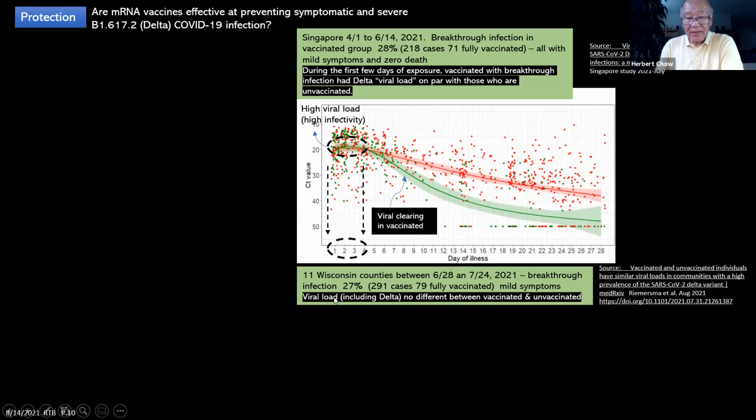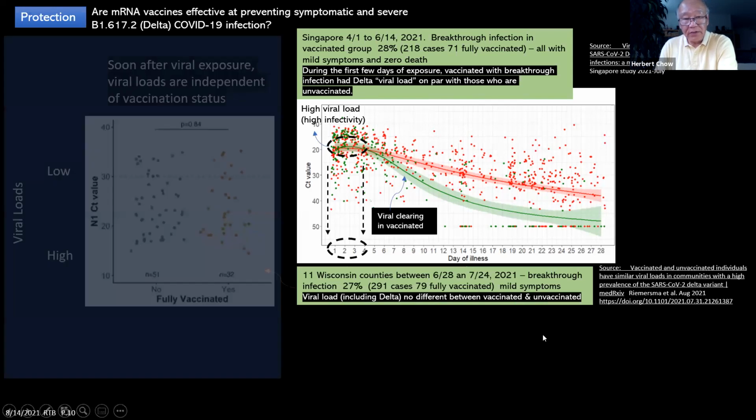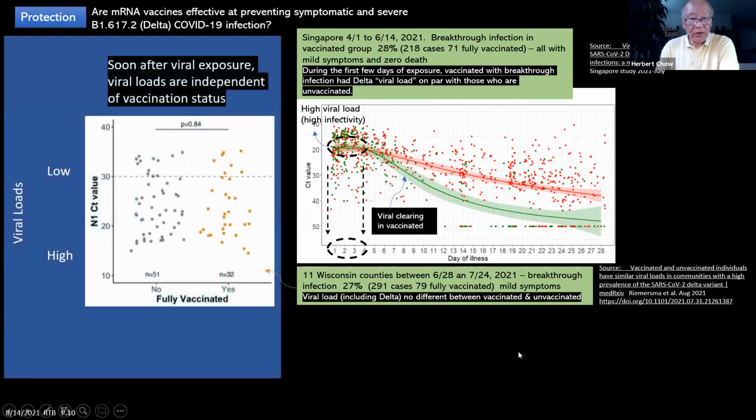But again, when they look at the samples, they cannot distinguish the amount of virus in the samples, whether it's coming from vaccine or non-vaccinated person. So this is a graph they saw. So again, the CT value is a proxy for the amount of virus in the samples.